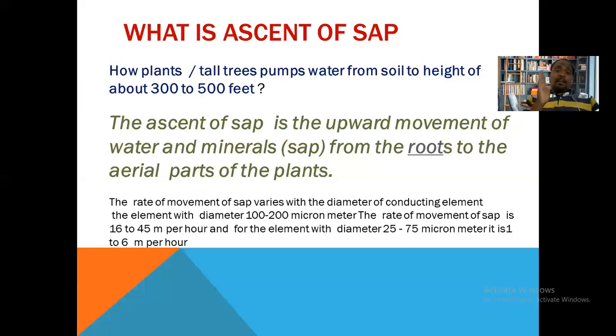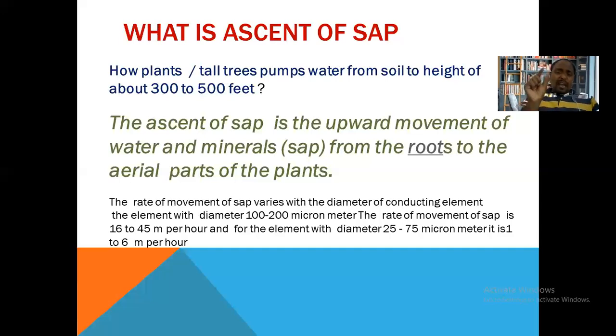Getting it? The rate of movement of sap varies with different diameters. If the diameter of that particular element is 100 to 200 micrometer, then the rate of movement of the sap is 16 to 45 meter per hour.